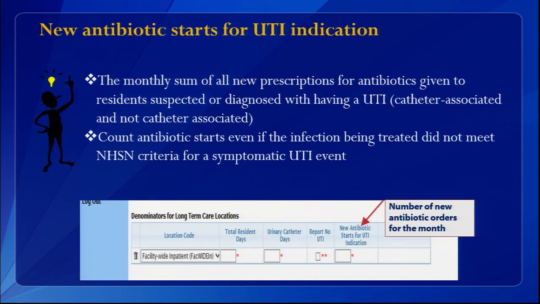So this does not mean that the resident has to meet the NHSN UTI criteria, okay? So you're going to count it even if the resident did not meet UTI criteria. And also just point out that there are no minimum number of doses or days that the resident has to be on that antibiotic, okay?